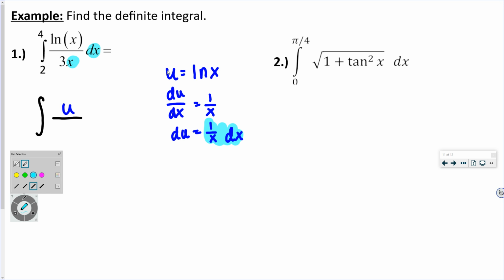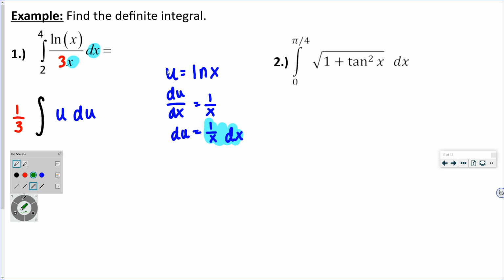What I don't have is this 3. No worries, it's a constant. Just go ahead and bring it out. So that'd be a third. So that takes care of that. So you don't really need this denominator, I guess. So basically we have u, and then 1 over x dx is du.